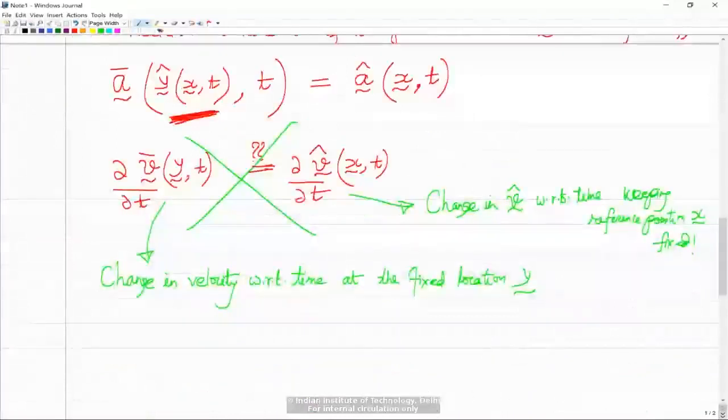So it is equivalent to saying change in velocity with respect to time, keeping the particle fixed. So you are looking at the change in velocity of a single particle, which from physics you know is acceleration. So this is the same as this thing over here.